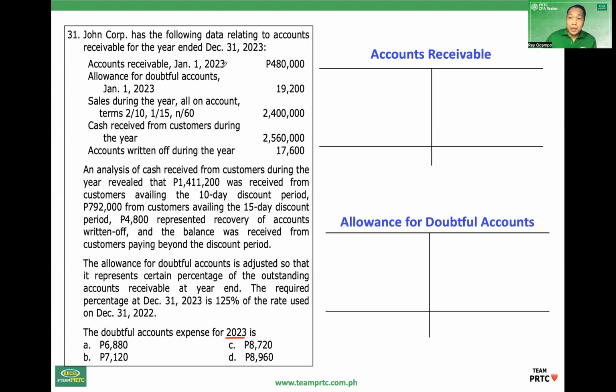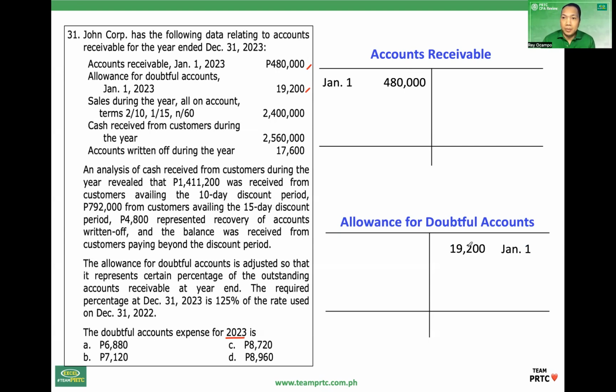As of January 1, balance of accounts receivable, lagay natin, balance beginning. That's 480,000. The allowance for doubtful accounts beginning, 19,200. So, lagay natin, allowance beginning. Get the percentage.